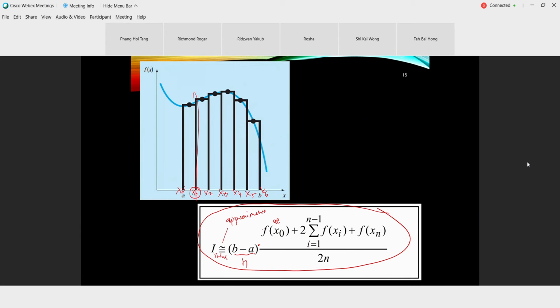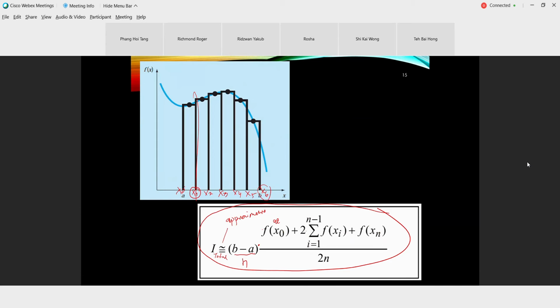You just need to add plus f(xn). So what is your f(xn)? So f(x6). And if you have x10, then your function x10, divided by 2. Why divide by 2?